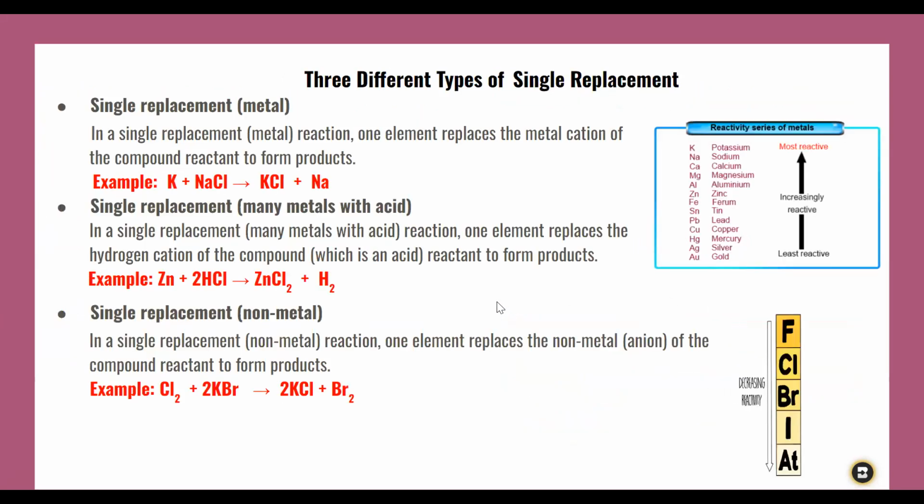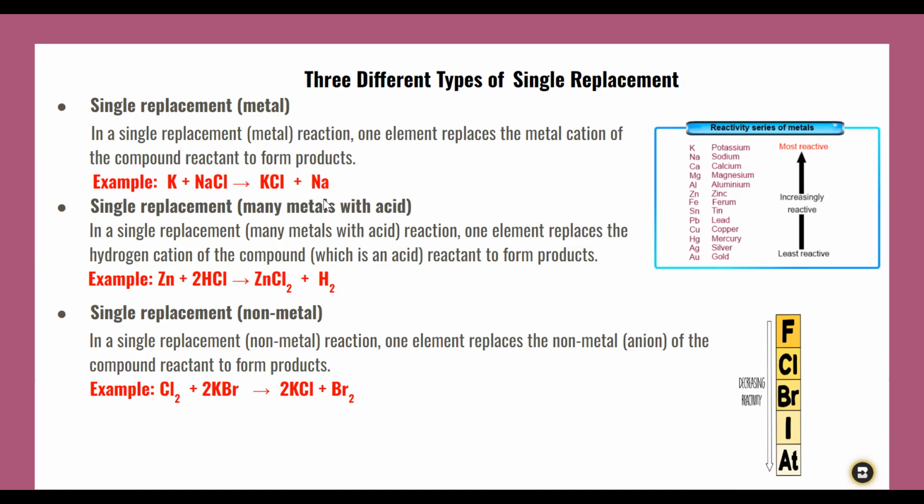Now, there are 3 different types of single replacements. Then I have a little one so that we can be looking at it directly. When you have the element kick, this one says single replacement when a metal is involved. So this is an element, this is a metal, this is a metal. This kicks this out and takes its place. Look at it, potassium is right here. It has more strength than sodium. That's why it can do that.